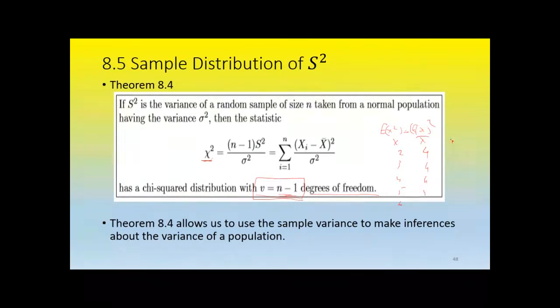From every x, you will subtract x bar. So 2 minus 4 is minus 2, then minus 1. Then you square it, sum them up, and divide by n minus 1 here. That will be your variance. This is the sample variance. The other variance is the population variance. Okay? That is it.